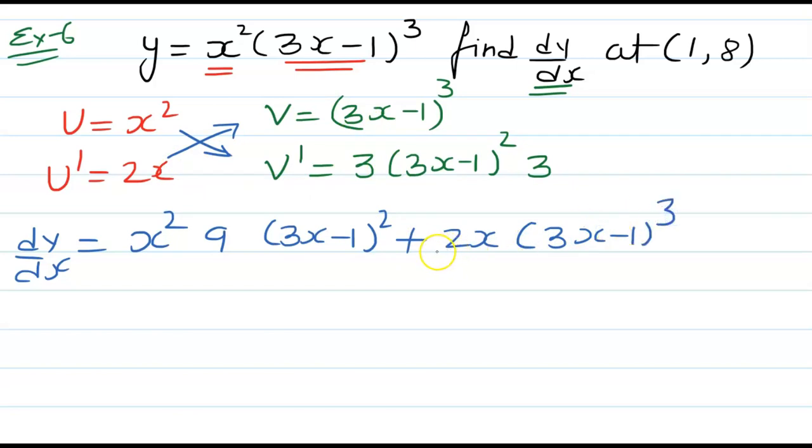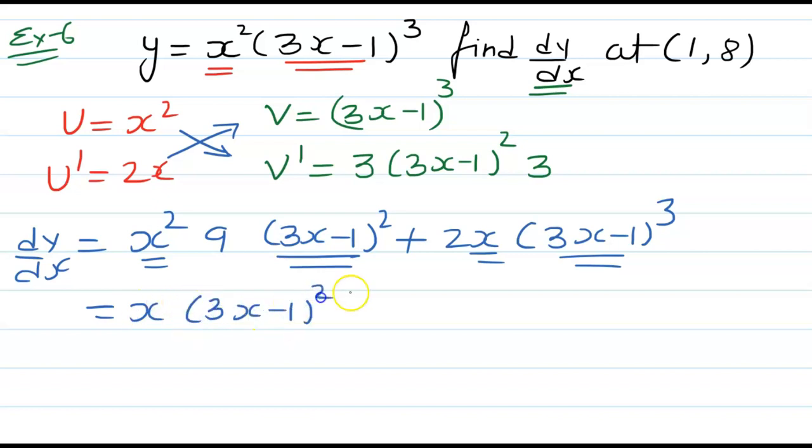Nice and easy. Okay, so what we need to do, we can take common x from here, x from here, and (3x minus 1) square from here, and (3x minus 1) square from here. Once we take common x and (3x minus 1) square outside the bracket, what is left here? Here is left 9x plus 2, and here in a bracket 3x minus 1.